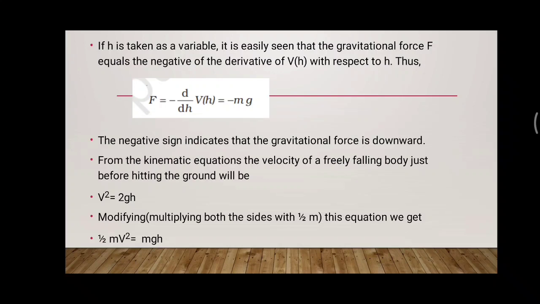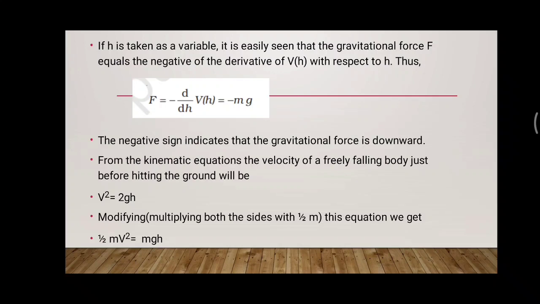Now multiplying each side of the equation v square equals 2gh by half m, you obtain half m v square is equal to mgh, where half m v square is the kinetic energy at the point just before the collision.